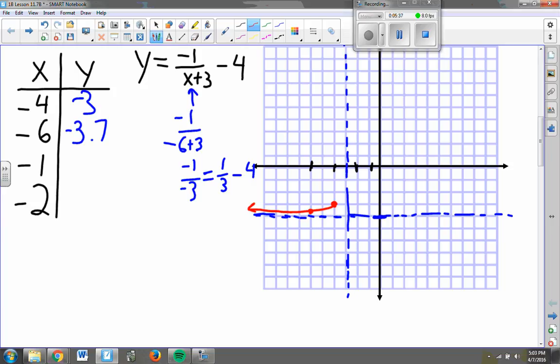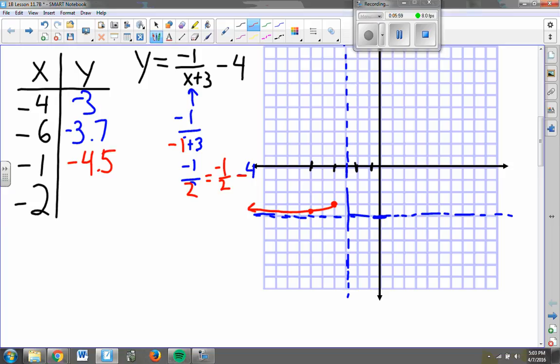If I go with x equals negative 1, then negative 1 plus 3 would actually be a positive 2. So negative 1 over 2 is negative a half. Take away 4, this is negative 4.5.